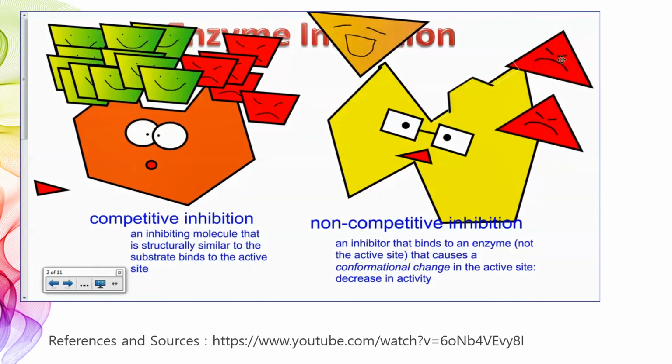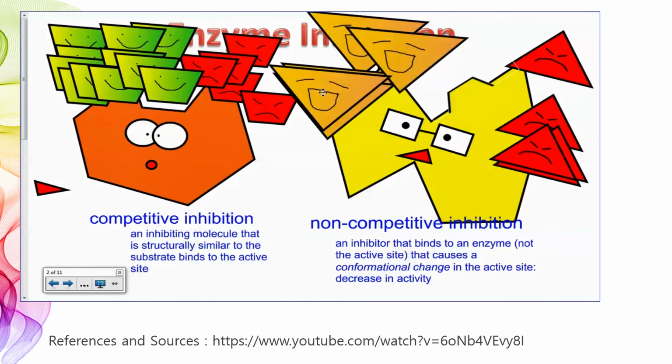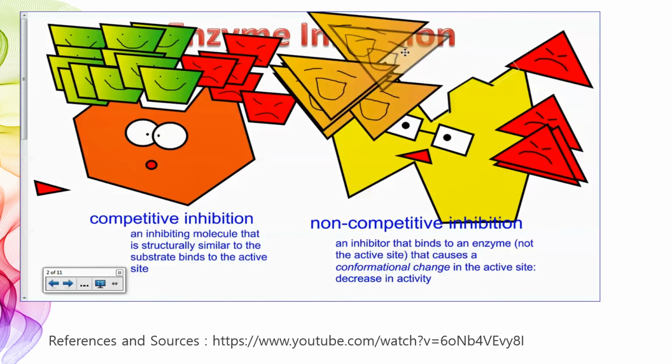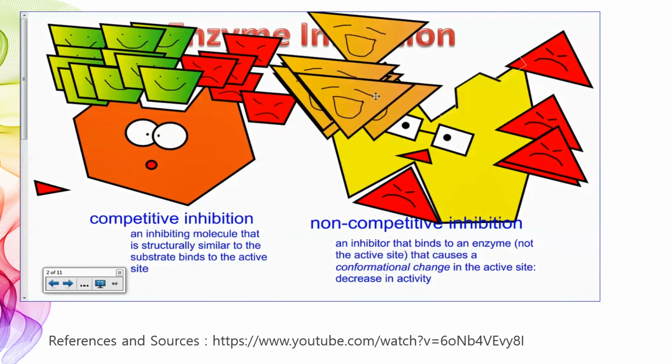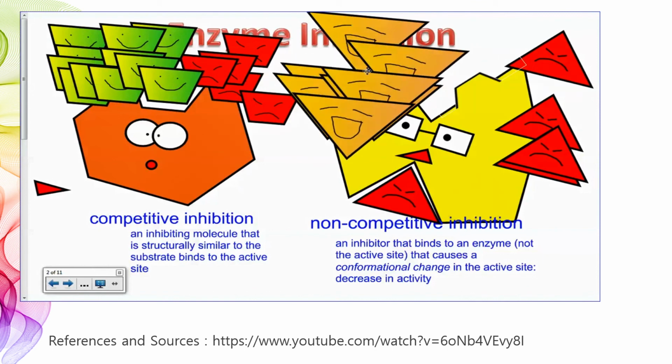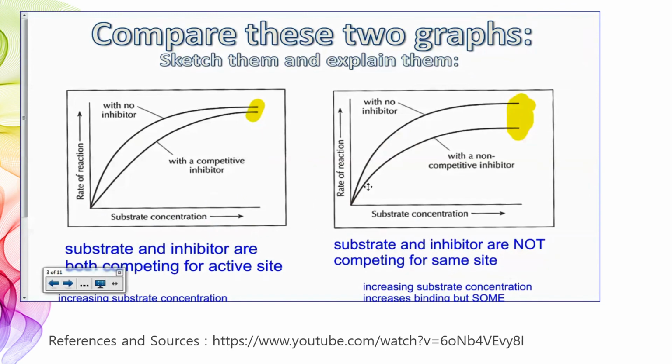If I increase the concentration of these guys over here, it doesn't really matter, because as long as one of these guys is bound here, these guys aren't going to be able to come in and fit. It doesn't matter how many of these substrates I produce, they're not competing for the same spot. This can't fit over here, and these will not fit over here. So you can't overcome the effect of a non-competitive inhibitor.